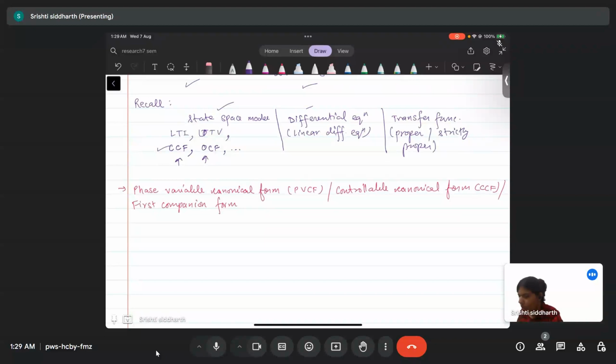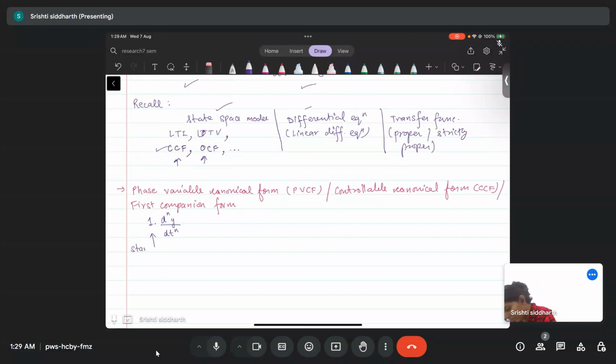Alright, so let's start with the differential equation of the system. So for an nth order system, we have this differential equation which relates output and input of the system. So we have the nth order derivative of y with respect to t with coefficient 1. So this is in the standard form, that the coefficient of the highest order derivative of the output should be 1. And if it's not, you can just divide the whole equation by this coefficient.